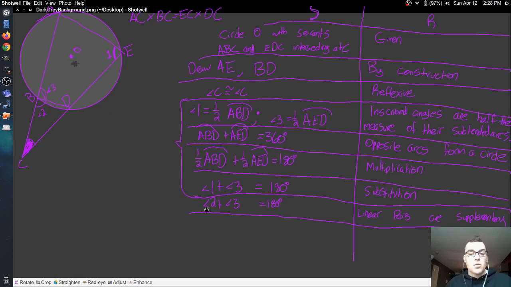Would you agree that I could subtract angle 3 from both sides and say that angle 1 is equal to 180 minus angle 3? And similarly, I could say that angle 2 is equal to 180 minus angle 3. Sure. So, angle 1 is congruent to angle 2 by substitution.